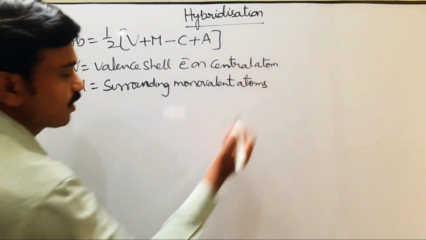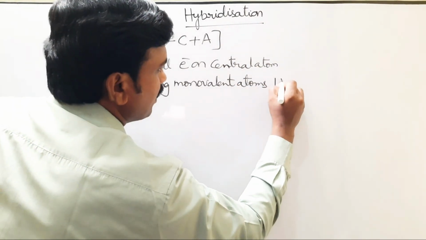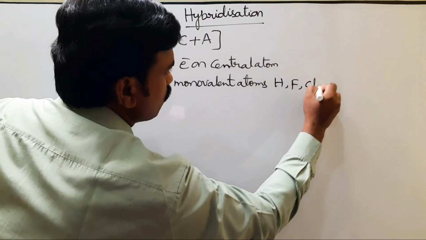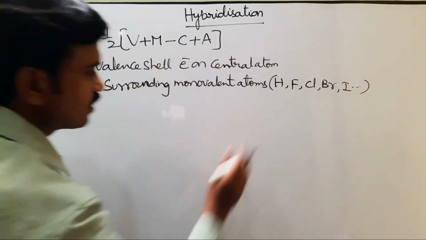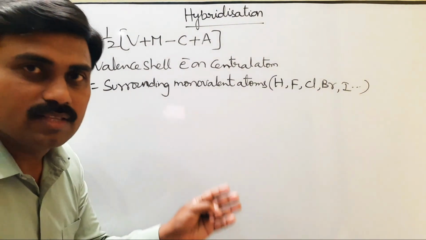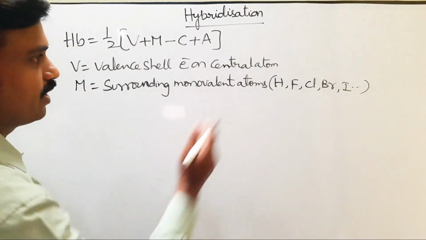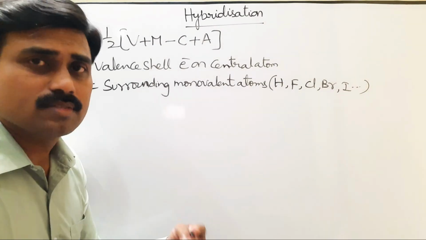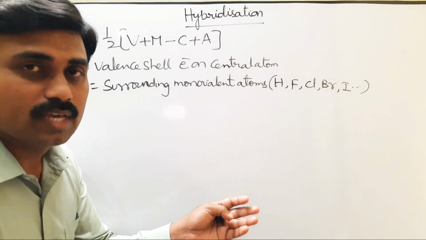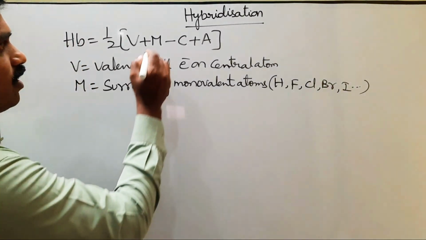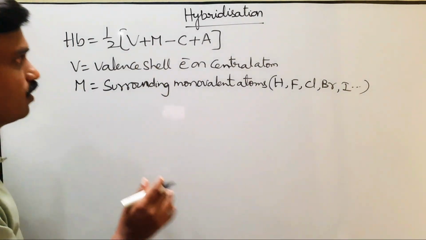Generally, they are hydrogen, fluorine, chlorine, bromine, iodine, etc. These atoms have valency 1, so they are called monovalent atoms. If oxygen, sulfur, or other elements come, the valency is 2, so they are divalent elements. So you see here, M means surrounding monovalent atoms only.